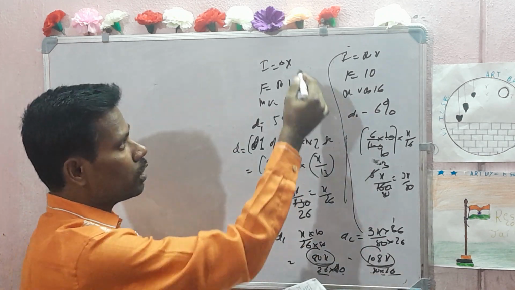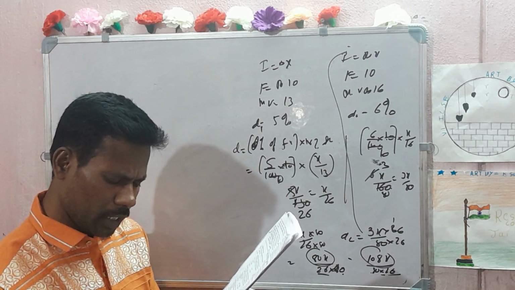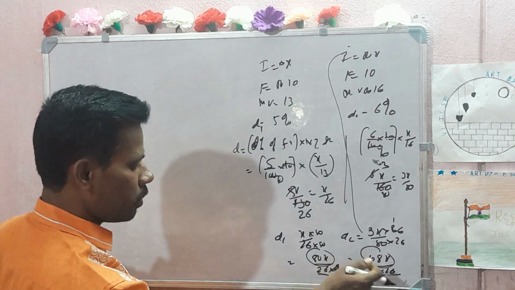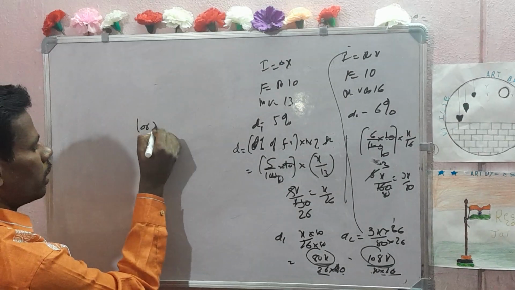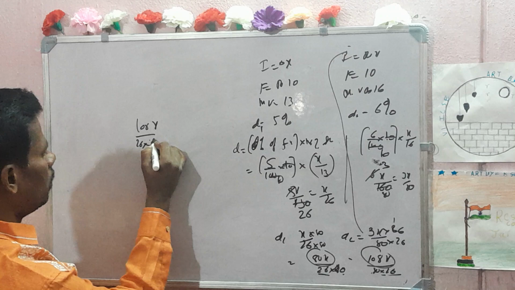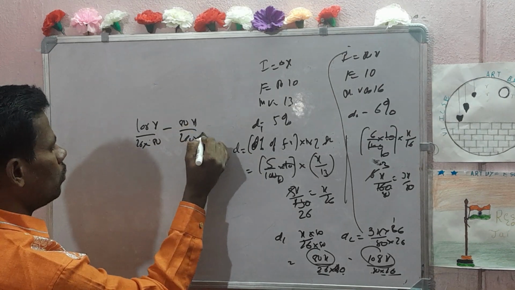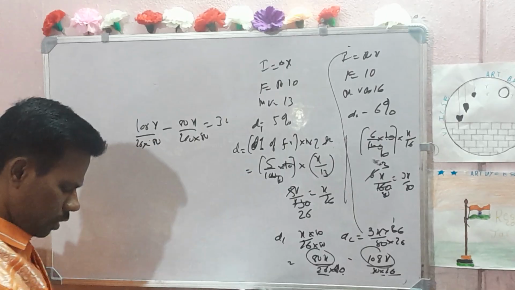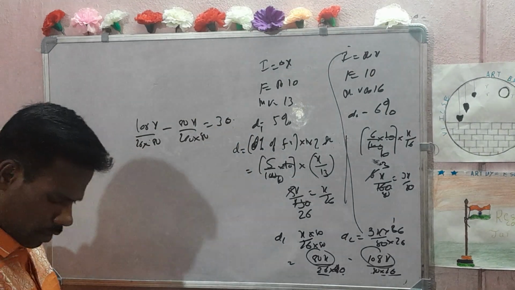Equal means amount is same, and the difference between the returns is 30. Simple. The difference between the returns is D1 and D2. 108x by 26 into 80 minus 80x by 26 into 80 is equal to difference, which is 30. So calculate the investment.